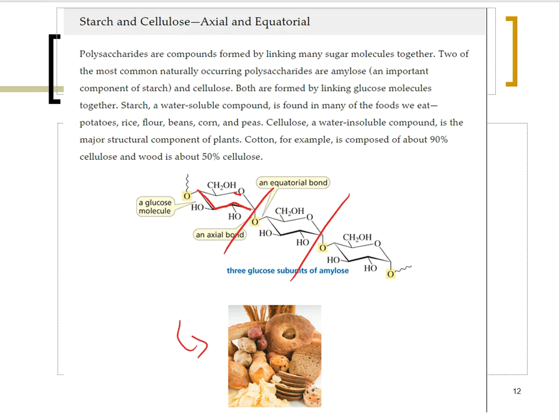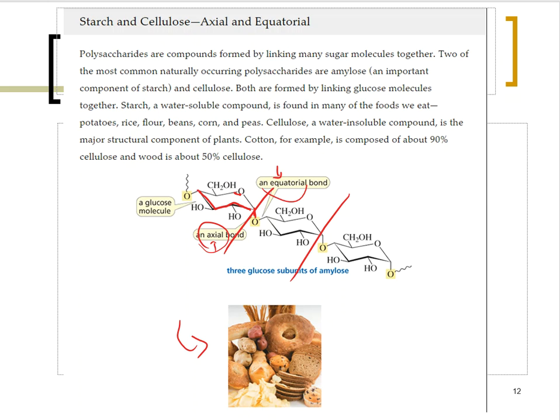On these carbons, you have equatorial and axial bonds, and we've talked about those in the last lecture module. So equatorial and axial bonds, if you take a look at the way that this is drawn, this is straight down, so therefore this is an axial bond. And this one goes kind of out and slightly down. So this is an equatorial bond.